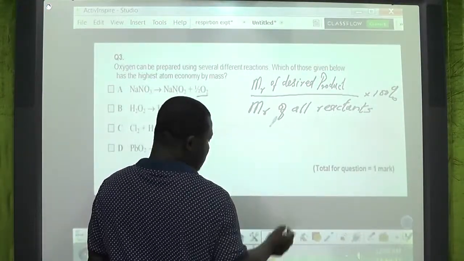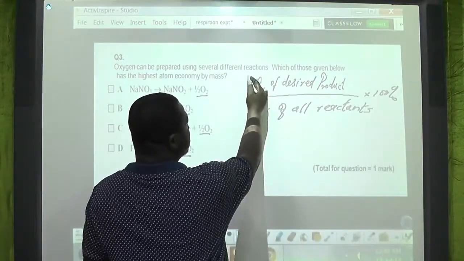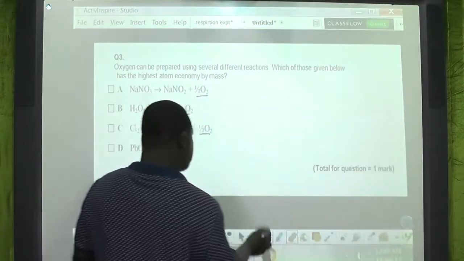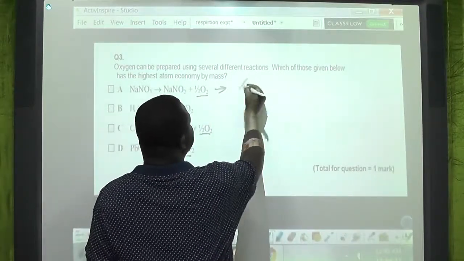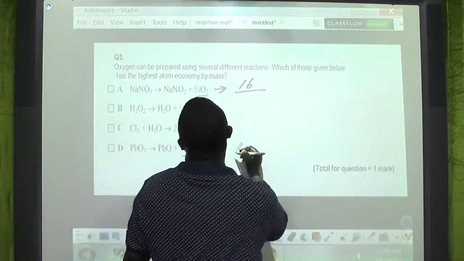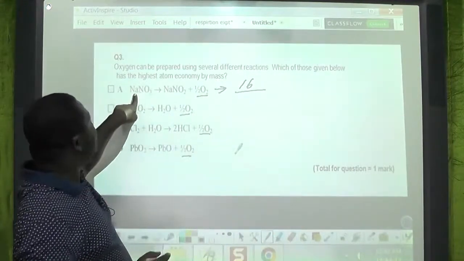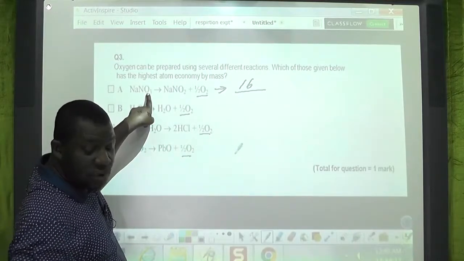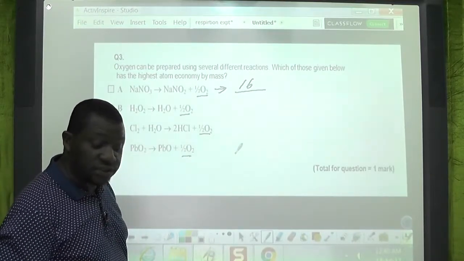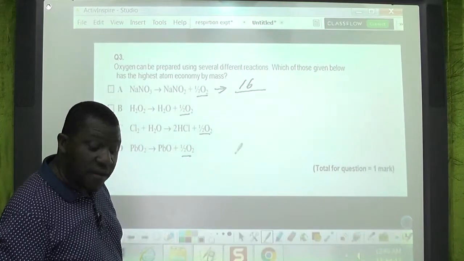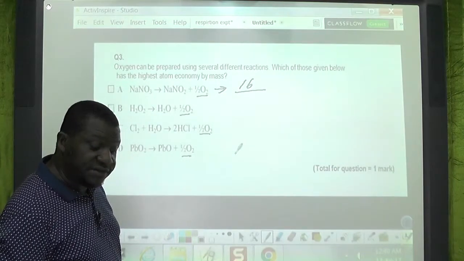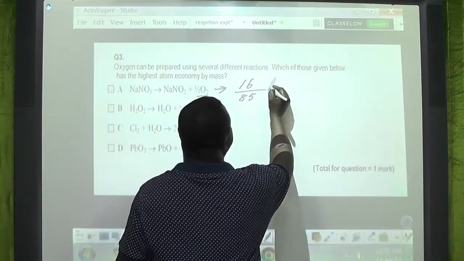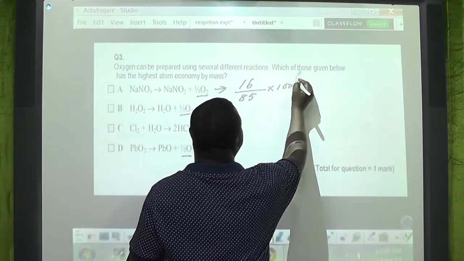For these, let's now go. Please write this somewhere because I'm going to clean it. For the first one, I have 16 divided by this NaNO3, which is 23 plus 14 plus 16 multiplied by 3. From my calculation, this one gave me around 16 divided by 85, multiplied by 100%.